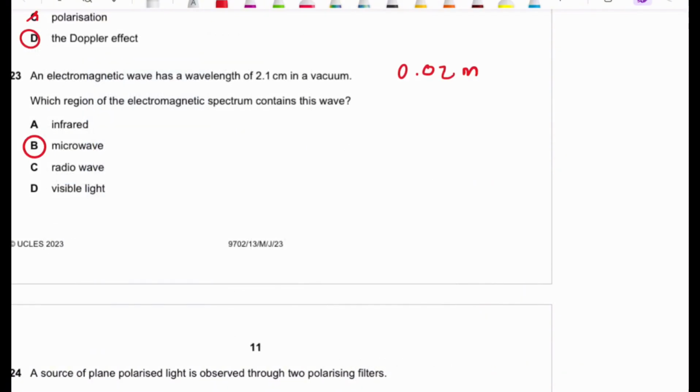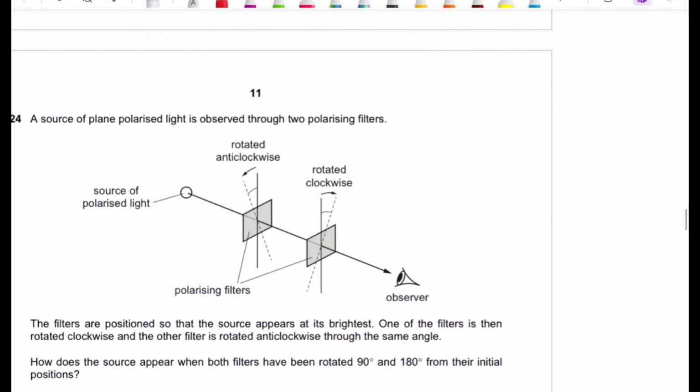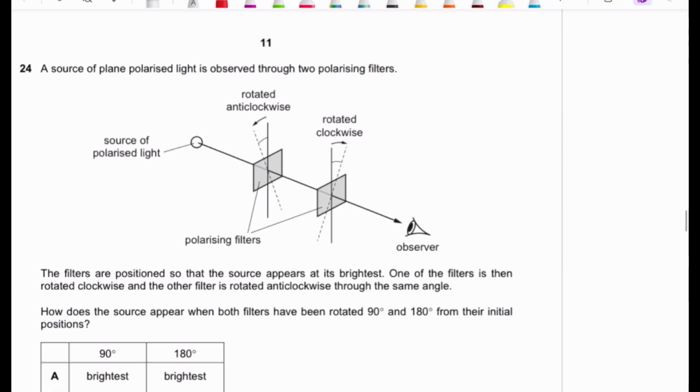You can go to certain platforms online and get these things in a way that makes sense to you. Again, this is the only part of physics where there isn't any way to break it down, right? You just have to memorize those ranges by heart, right? But it takes time. You'll be able to get it through, right? So the answer is B, microwaves, right?